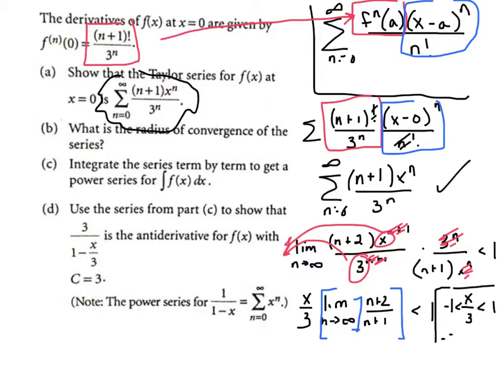So if we multiply, we get negative 3 and x, like that. You should check the endpoints to make sure that they don't make it converge. They won't. So this is our interval of convergence, so our radius would be 3.